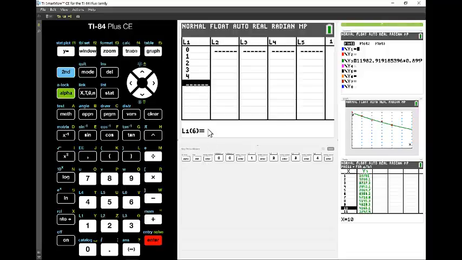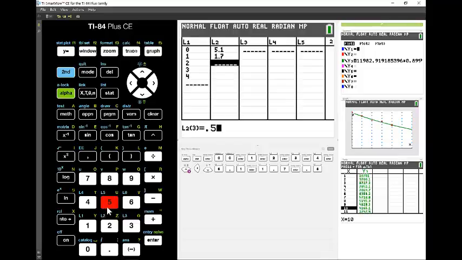Now we're going to go back up to our first values, and we're going to put in our y values. 5.1, 1.7, 0.5, 0.1, and 0.05. These are our values for our x's and our y's.